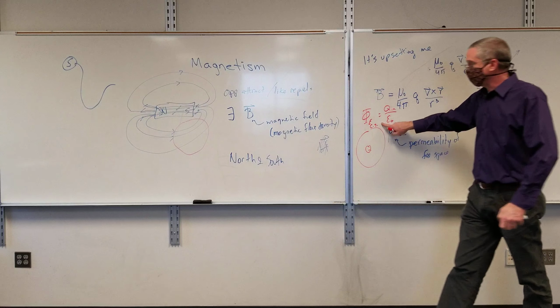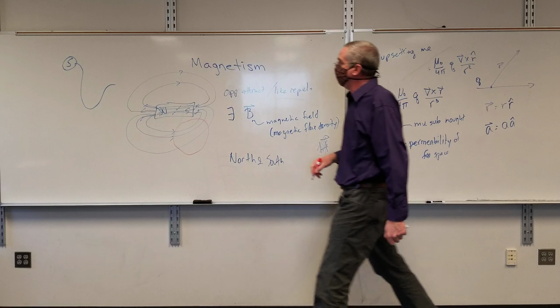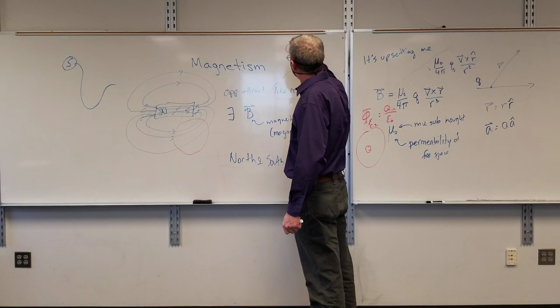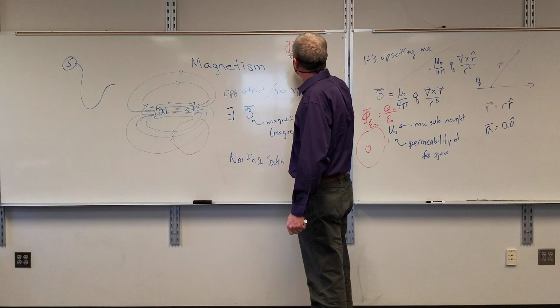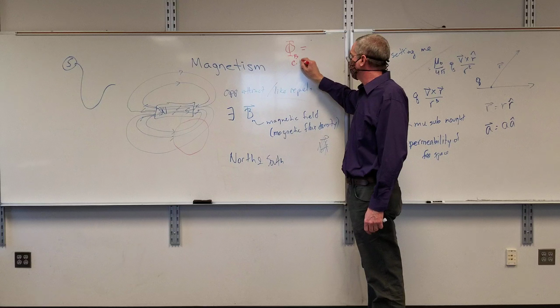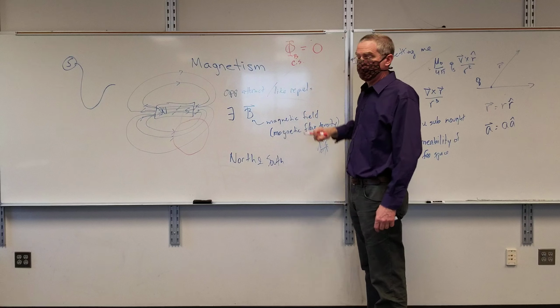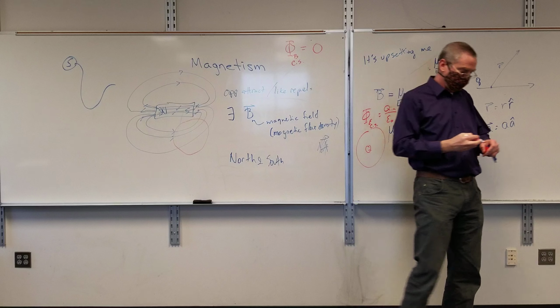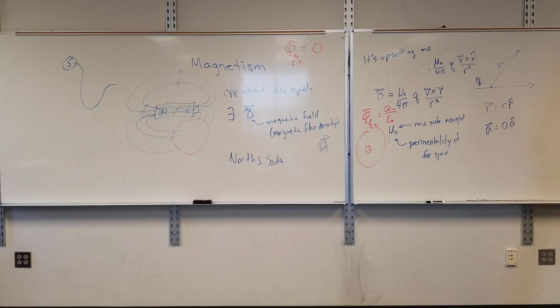This is Gauss's law of electricity, and this is Gauss's law of magnetism. The magnetic flux through a closed surface is equal to 0. Because for every north, I've got a south right next to it. Until someone finds a magnetic monopole.